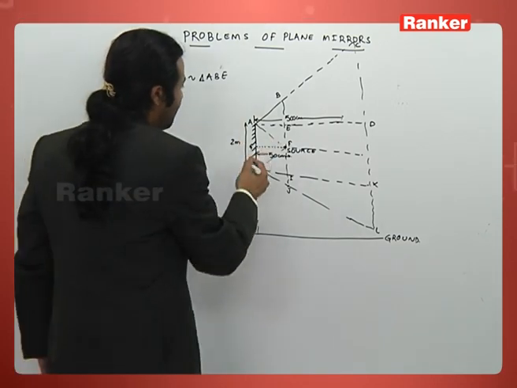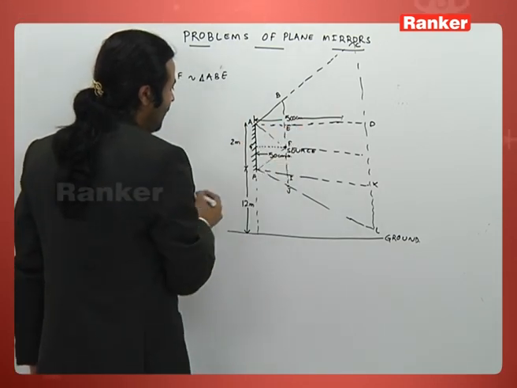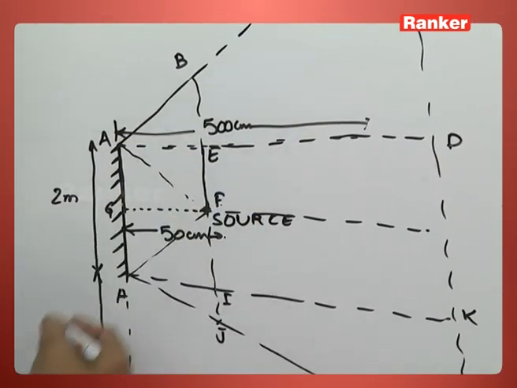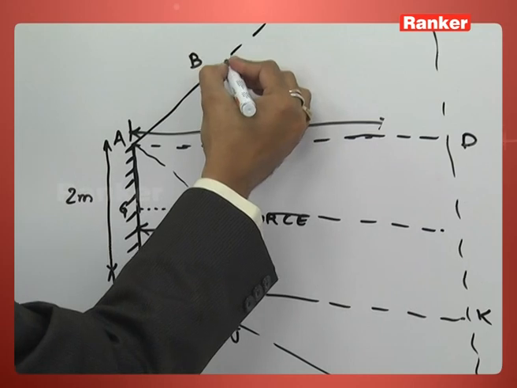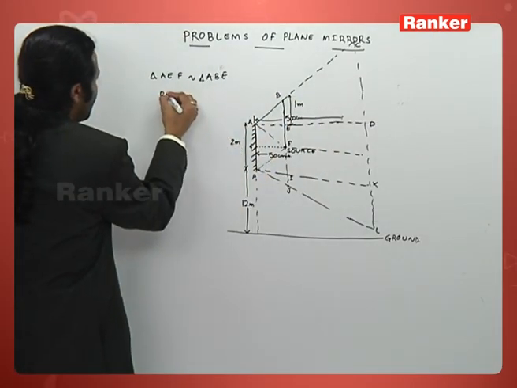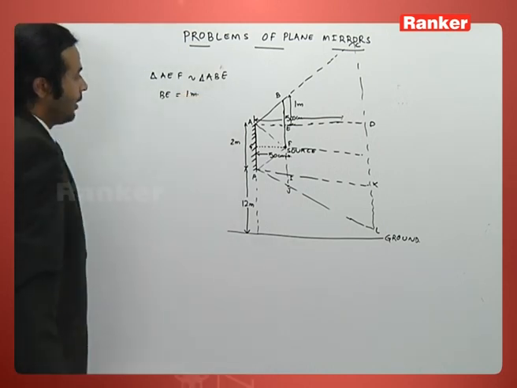That means this one will be 1 meter. So obviously this one will be 1 meter. So I can write BE is equal to 1 meter.